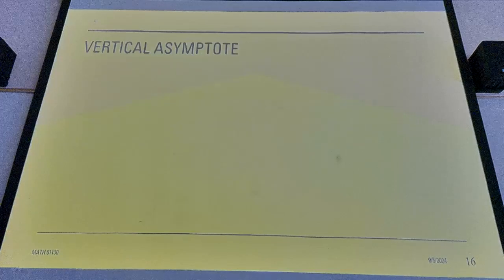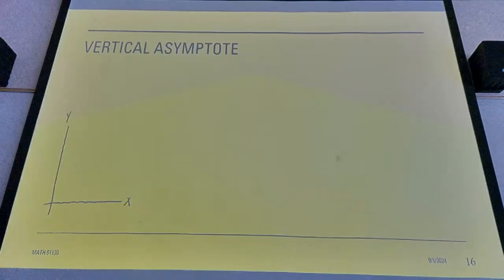What is a vertical asymptote? It's a vertical asymptote, right?